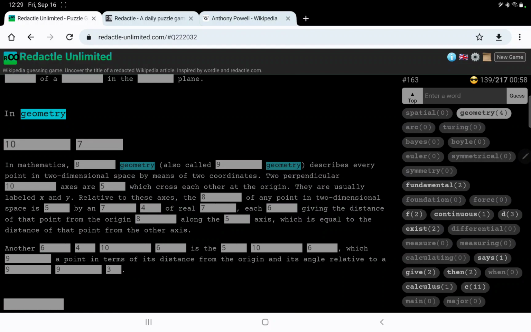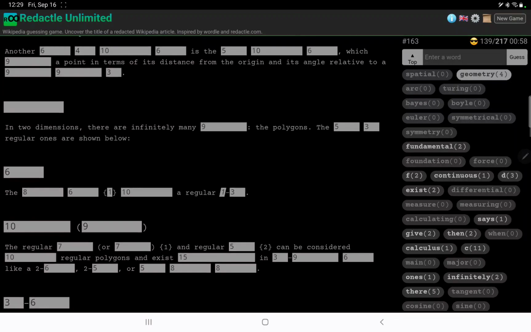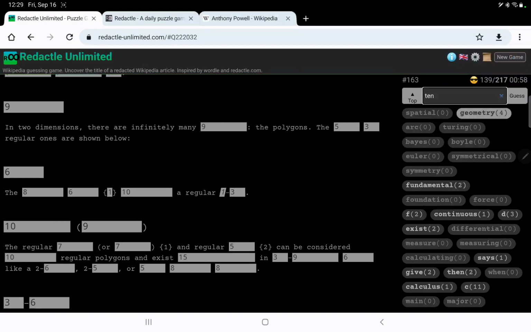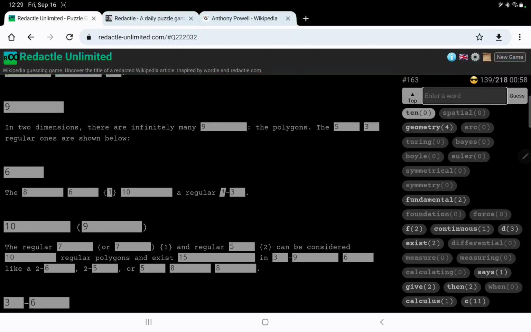Okay, those are the only 4 mentions, so not very helpful. Nine. In 2 dimensions, there are infinitely many something, the polygons. The 5, 3 regular ones. Maybe 10? Nope.